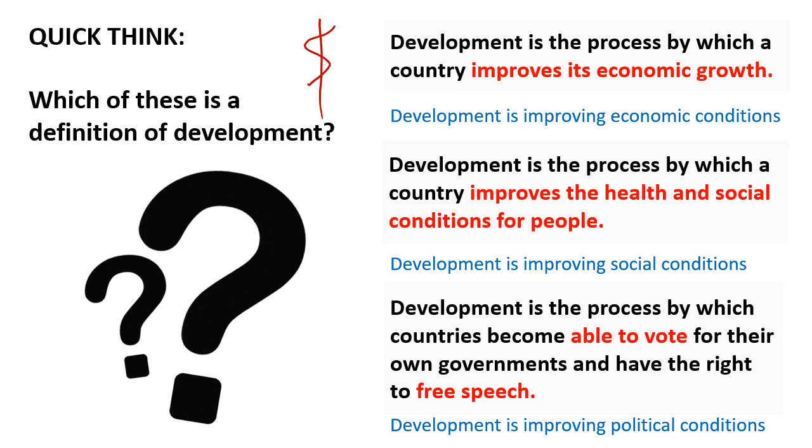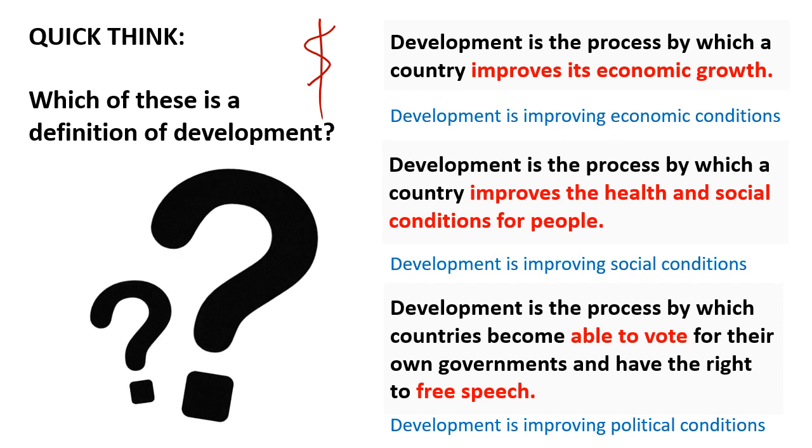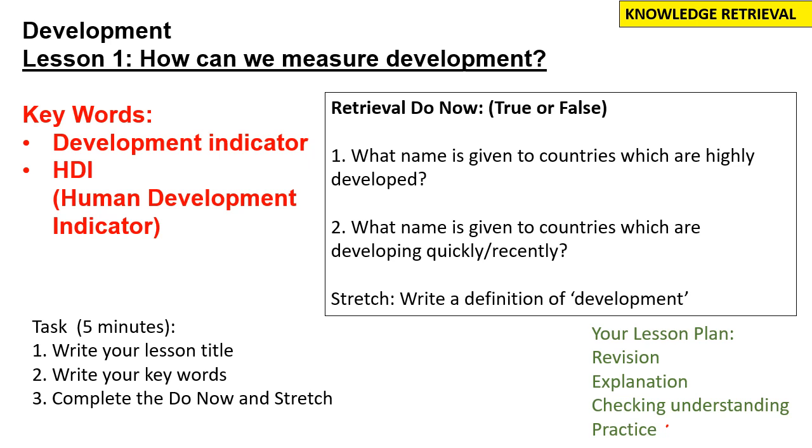It is also about improving political conditions, such as being able to vote and free speech. We could include environmental improvements as an aspect of development, but there will be a separate lesson on sustainable development later on.